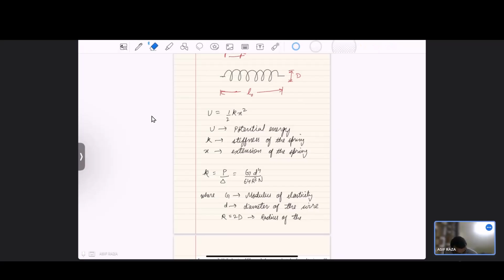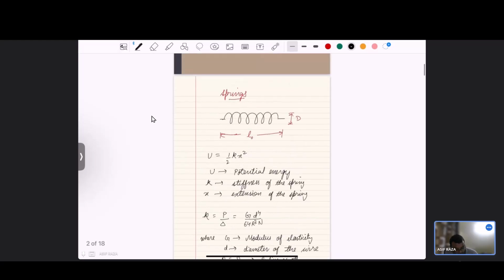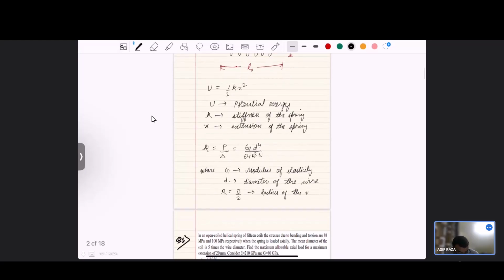Sorry, not d by t, the radius of the spring coil. And n is the number of turns.